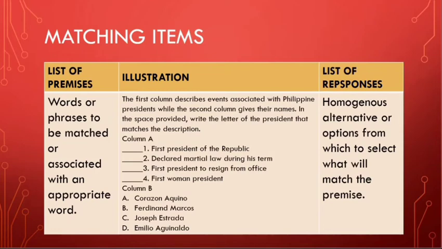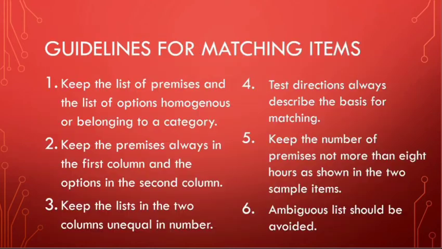So if you will be combining, of course, a hero as part of the options in column B, it's definitely serving as a short incorrect answer for your category. So we avoid that because these may serve as a clue. Remember, your goal is to make all of these choices distractors to the other items too. So if we are talking about presidents, these are all presidents in column B.